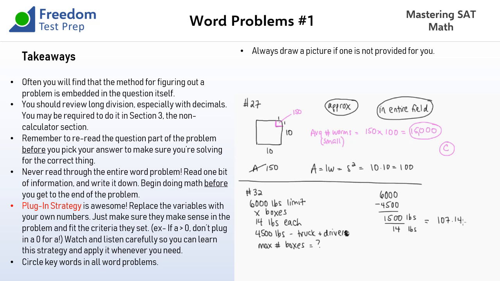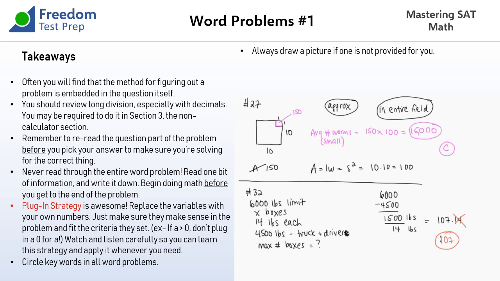Now, of course, this did say, what is the maximum possible value of boxes? Well, you can't have 0.14 boxes. That doesn't make sense. So the maximum number of boxes is going to be 107. All righty. Great.